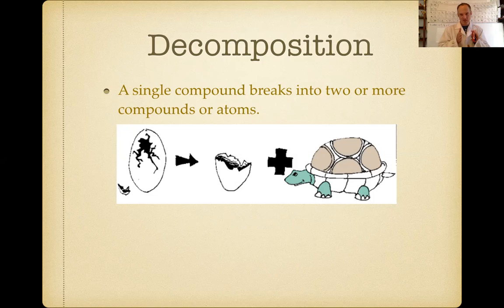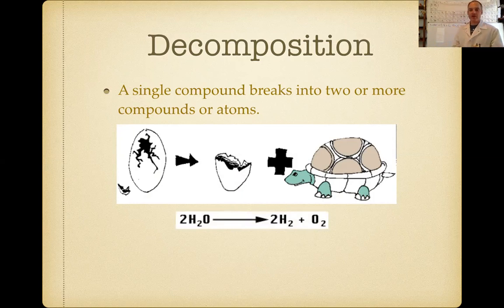Because if you have one thing in the beginning, like a compact solid, and it breaks up into multiple things, that's going to take up more space. What you had before was compact and small. Afterwards, it's 2, 3 things that might involve gases. And the rapid expansion of gases is an explosion. So decomposition reactions are mostly explosion reactions.